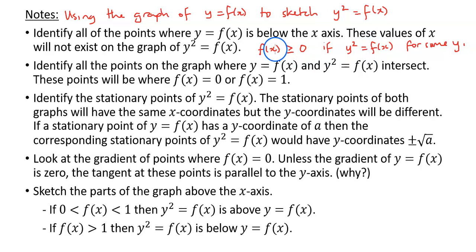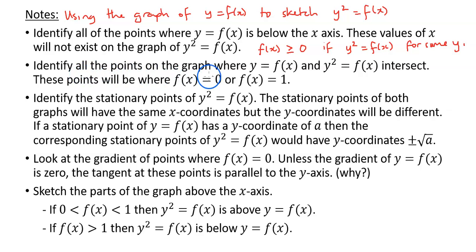So basically, if f of x is less than 0, then there is no y coordinate such that y squared is equal to that f of x value. So therefore we cannot have an xy pair that satisfies the equation.